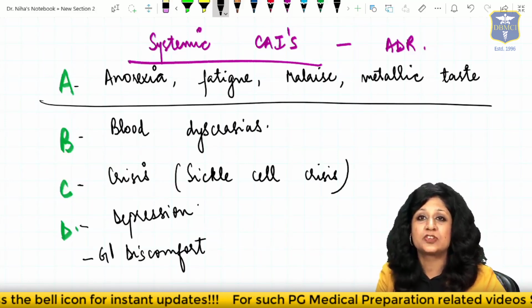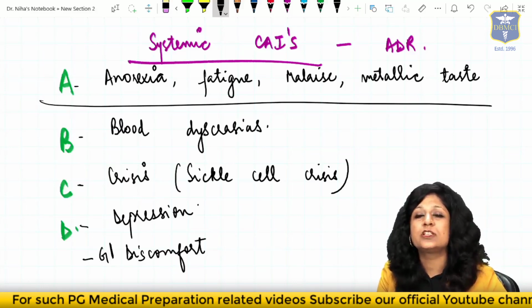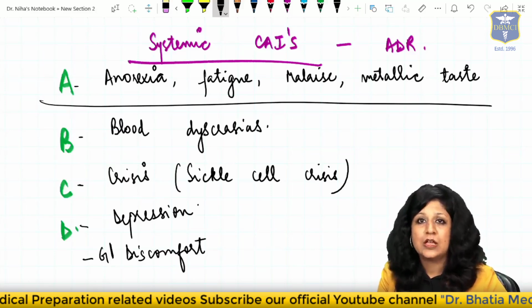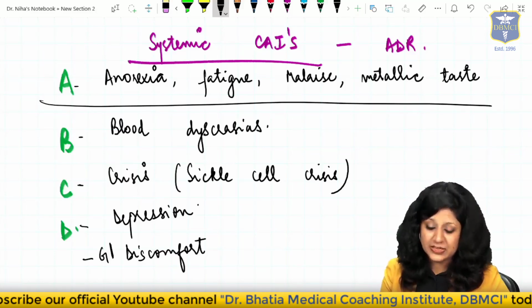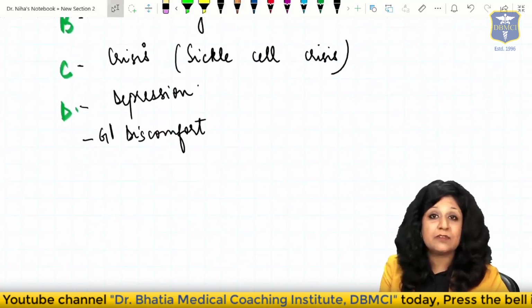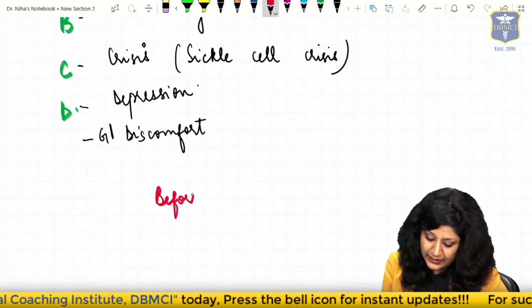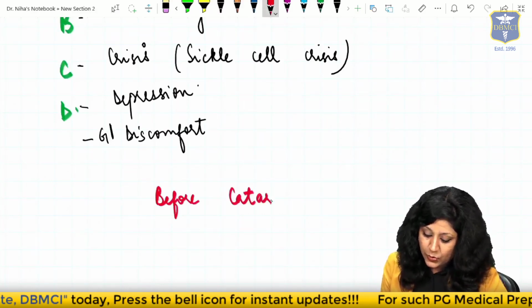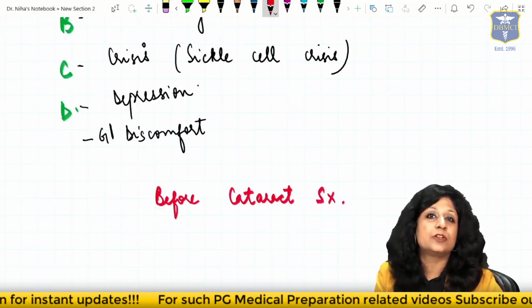All these adverse reactions are very, very important, and that is why we never use these drugs for a very long duration. We use these drugs when we require an urgent decrease in intraocular pressure, but a very effective one, for example, before cataract surgery. As you know, before any intraocular surgery, the intraocular pressure should be low.